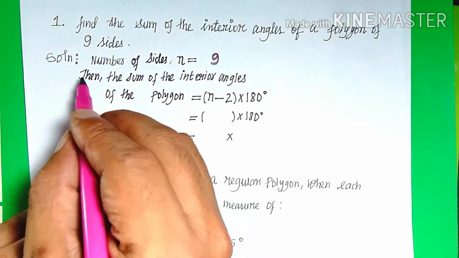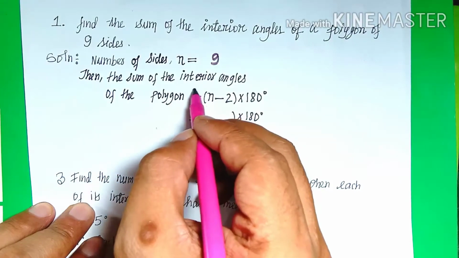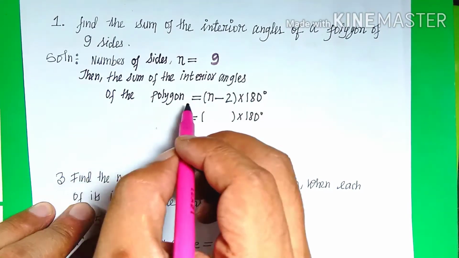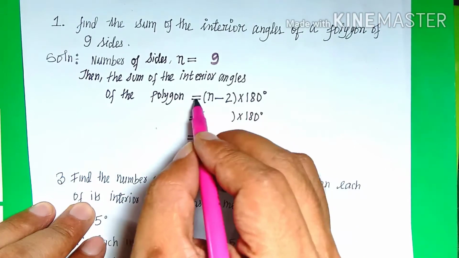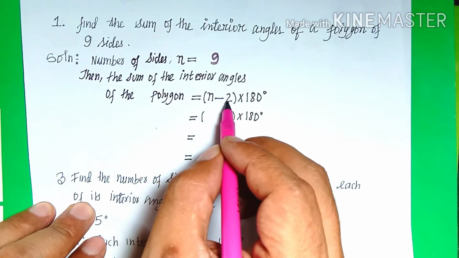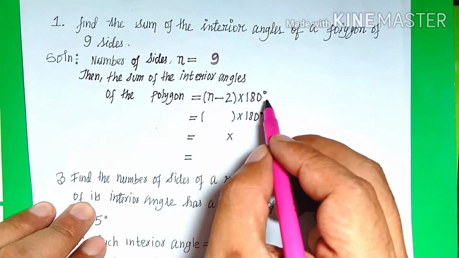The sum of the interior angles of the polygon is given by the formula n minus 2 into 180 degrees, which you have to remember.